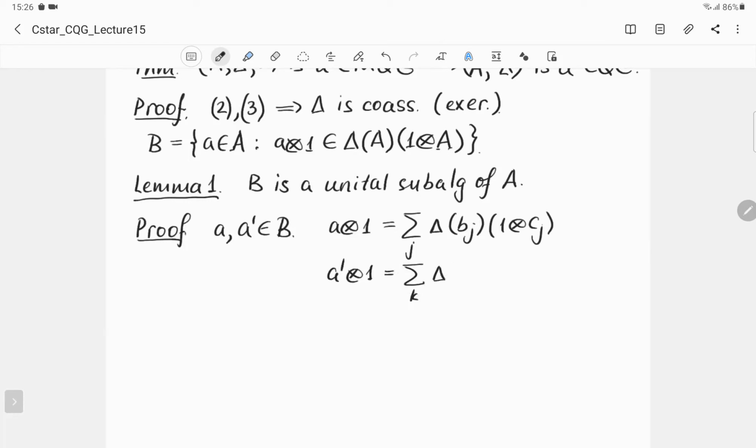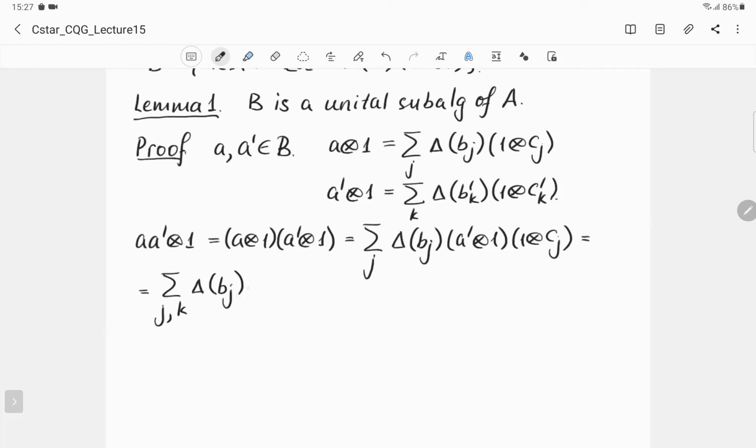Okay, now we again take a prime tensor 1 and substitute it here. So we get the following double sum over j and k, delta of bj, delta of bk prime, 1 tensor ck prime, 1 tensor cj.